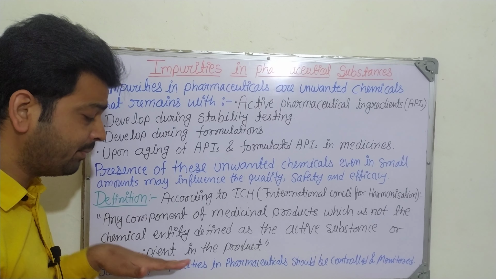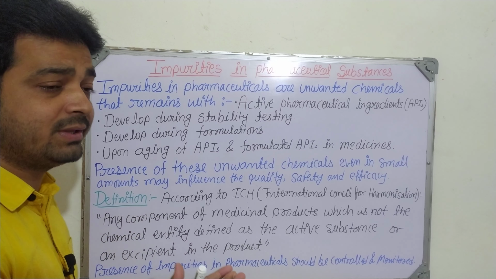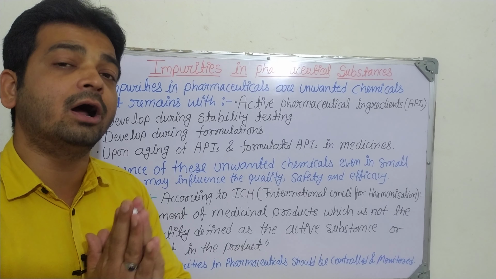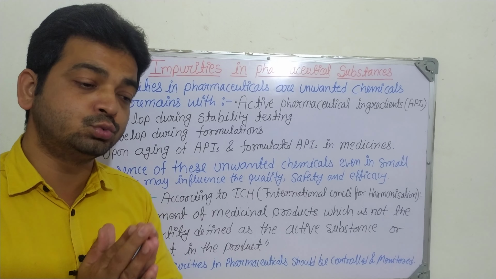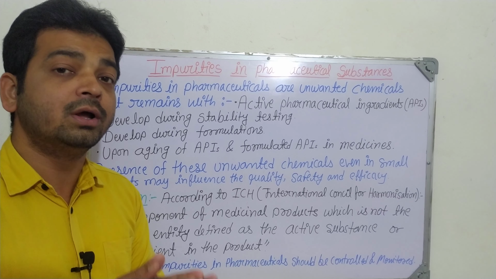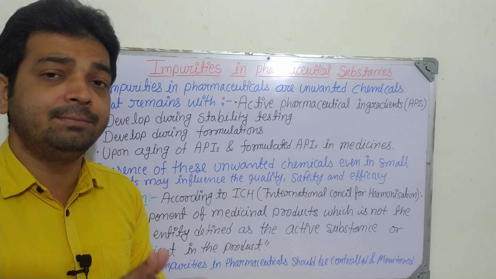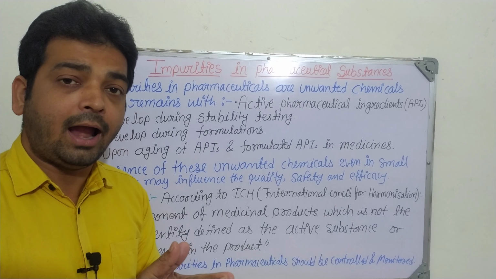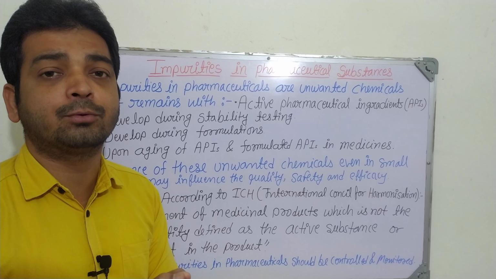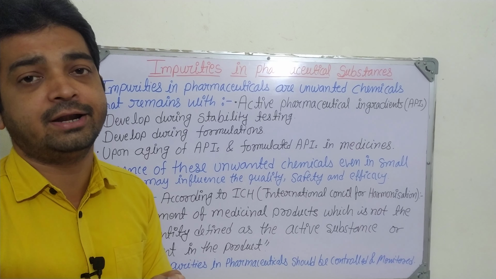As of now, with this class, we can understand that impurities are unwanted and undesired. They should not be there along with the pharmaceutical product, but they may develop or remain, and if they are there, we are definitely going to compromise the quality, safety, purity and efficacy.